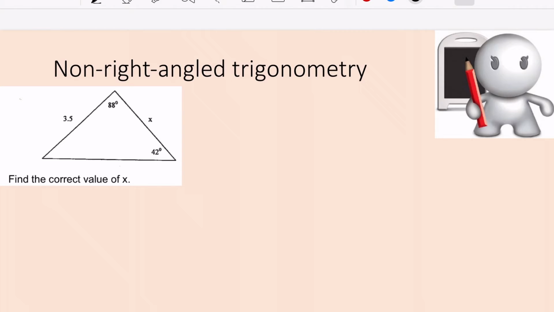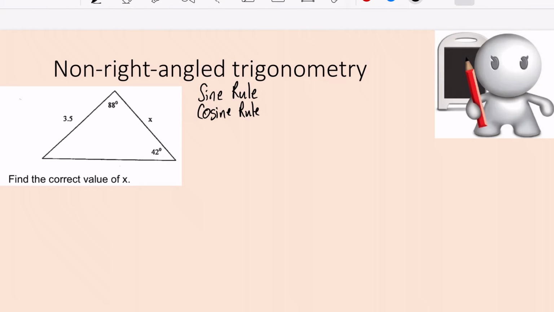What we now have a look at is our first subtopic, which is non-right angle trigonometry. In this topic, you will need to have a very good understanding of what the sine rule is, what the cosine rule is, bearings, angles of elevation and depression and all of those other things.